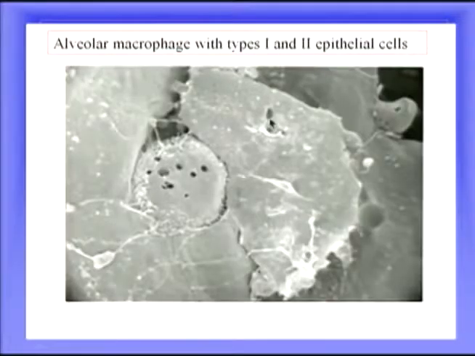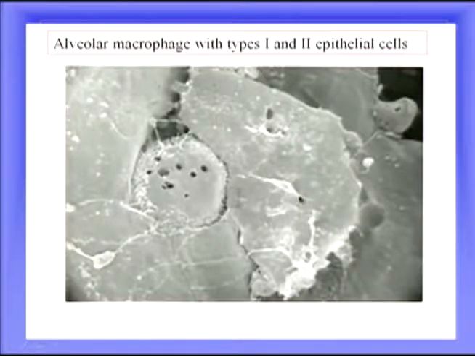Now, another cell that we should look at is the alveolar macrophage, and this is shown here, another beautiful scanning electron micrograph. And the alveolar macrophage roams around the surface of the alveoli by amoeboid activity. It is able to phagocytose foreign material, and its job is to keep the alveoli clean.